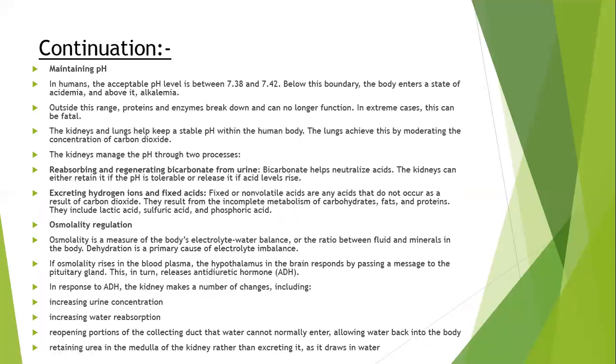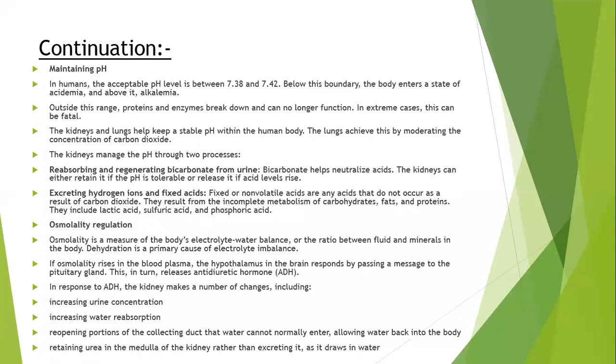Another function is osmolality regulation. Osmolality is a measure of the body's electrolyte-water balance, or the ratio between the fluid and the minerals in the body. Dehydration is a primary cause of electrolyte imbalance. If osmolality rises in the blood plasma, the hypothalamus in the brain responds by passing a message to the pituitary gland.